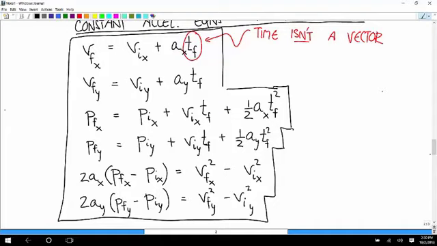That's the thing that makes time final really useful in 2 dimensions. The most common case is that we use a y equation to solve for time final, and then use that time final in the x equation. That's the only variable in all these 6 equations that crosses over between the two dimensions.